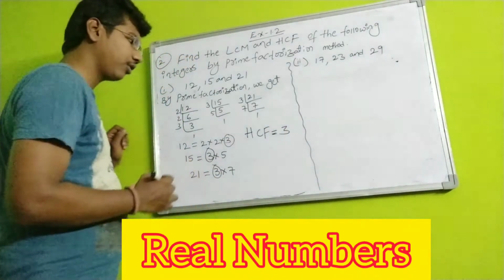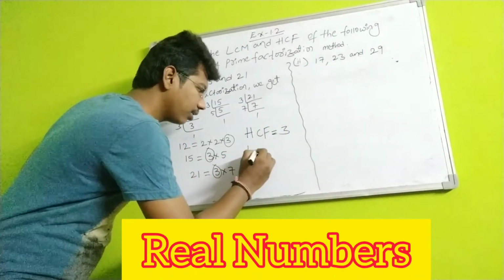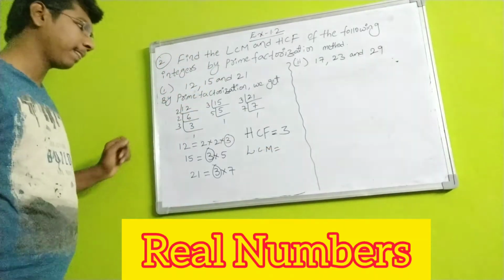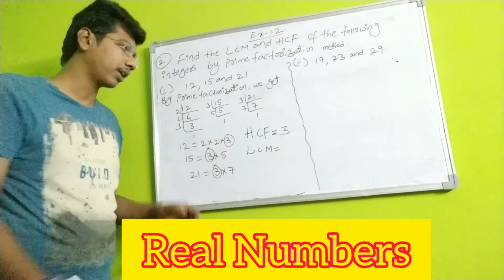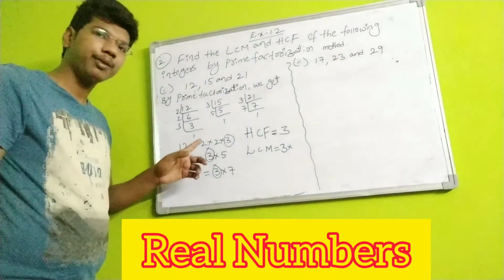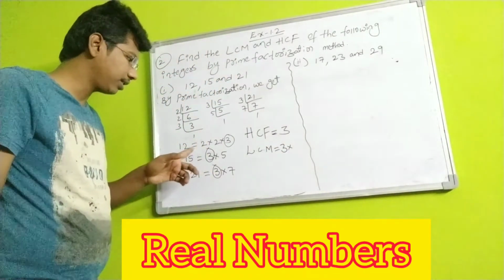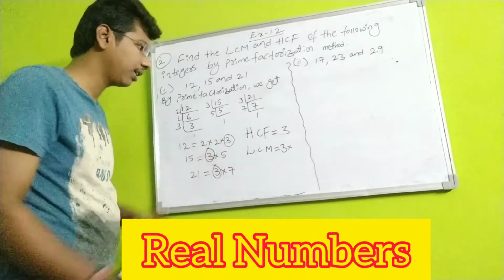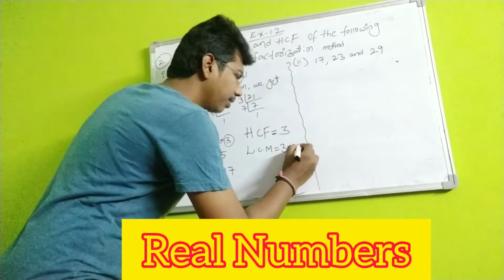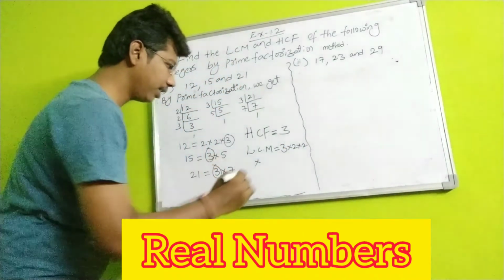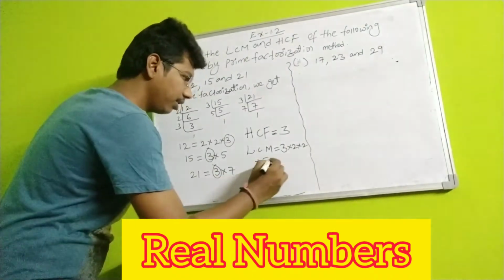Next, after that we have to find the LCM also, students. How can we find the LCM? Simple, students. First write the common factor, that is 3. Next, write the remaining factors. For the first integer, 12, I already wrote 3, students. Next, the remaining factors are 2 into 2, next 5, third one is 7.